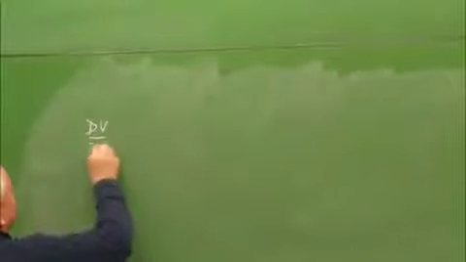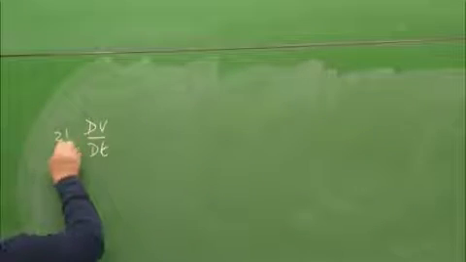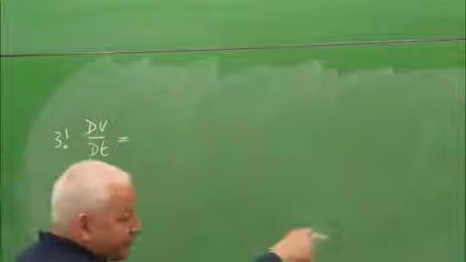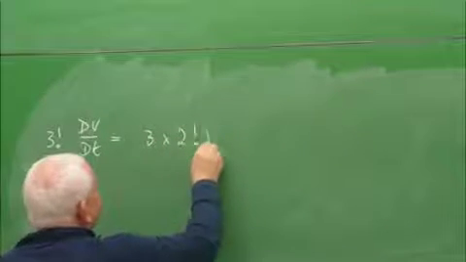And so what I get is that dV by dt times 3 factorial is equal to 3 times 2 factorial V.